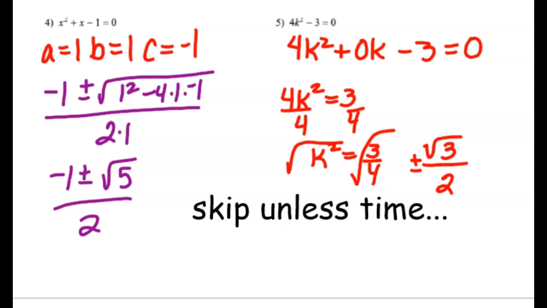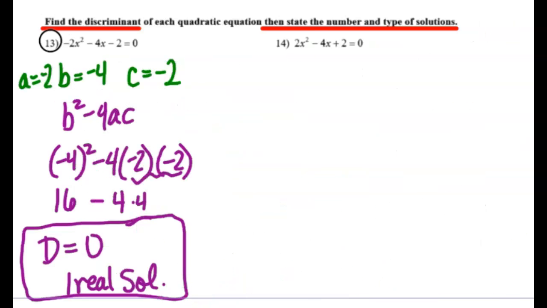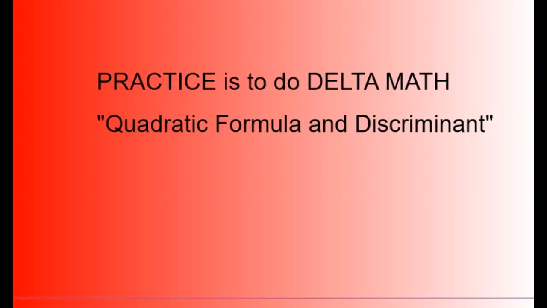I assigned a reasonable number, like 1 of each kind or something, and a couple discriminant questions. If you don't feel comfortable, you can do extra Delta Math. You can do extra practice. You can finish this worksheet, and the worked out answer key I think is in Google Classroom. I'll make sure it is. The ones I skipped.